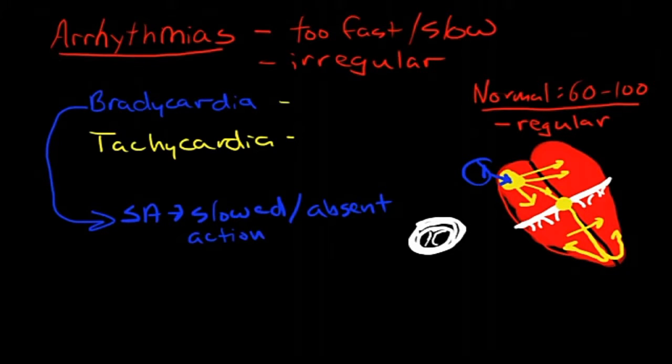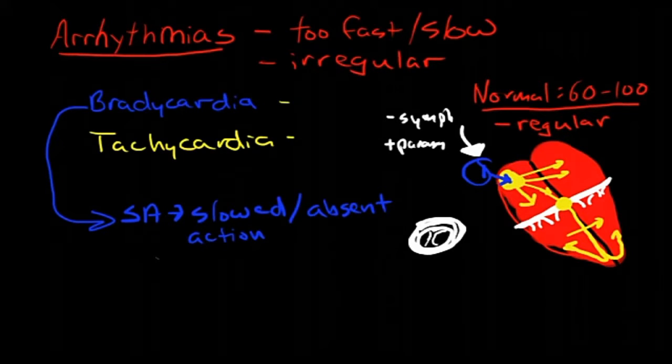Most frequently it is slowed because it's getting less sympathetic nervous system impulses, or it's getting more parasympathetic, and those actions will slow the SA node. Other possibilities are the SA node may be damaged, so that may slow it, or it may make it so that it is no longer the pacemaker of the heart.